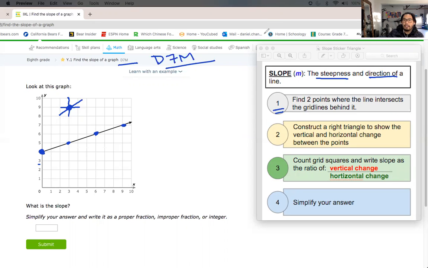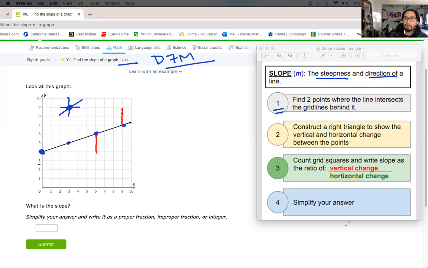Now, step 2, and I'll use yellow since this is yellow. It says construct a right triangle to show the vertical and horizontal change between the points. I can take any of the 4 points that I have here in blue and draw a triangle. You can draw the triangle below or above; it doesn't really matter, but I like doing it below.